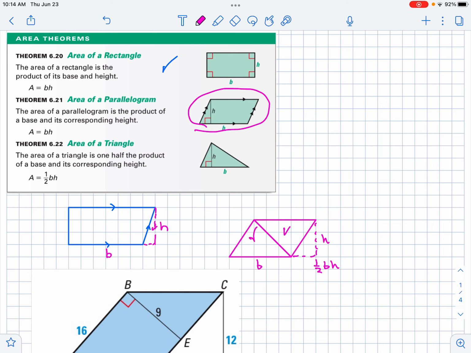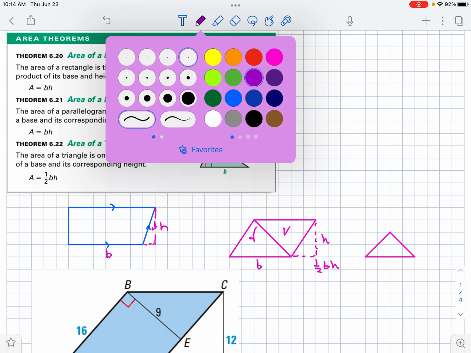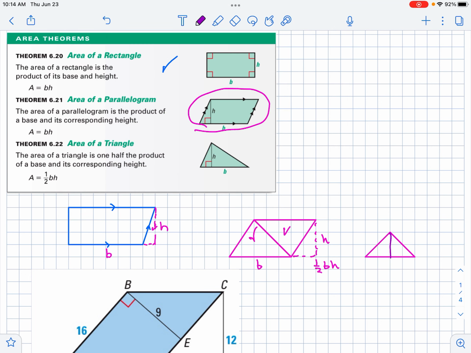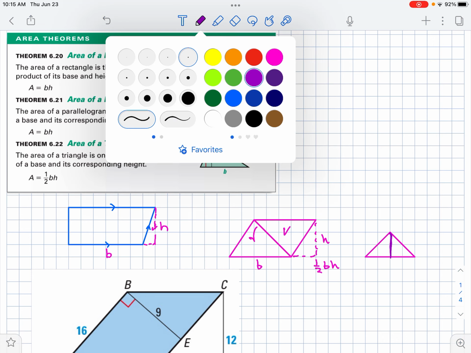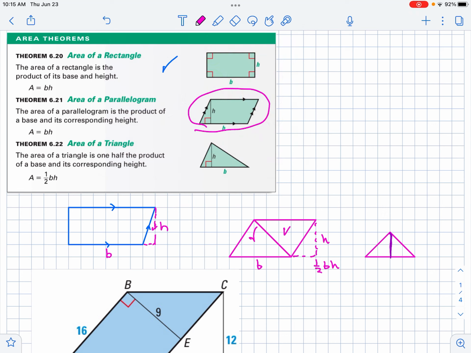Now remember, there are different ways the height could appear. Let's look at this triangle here. Obviously here, the height is just this thing. It's perpendicular to one of the sides. Now, you could also have the base completely outside. So, for example, you could have a triangle like this one.